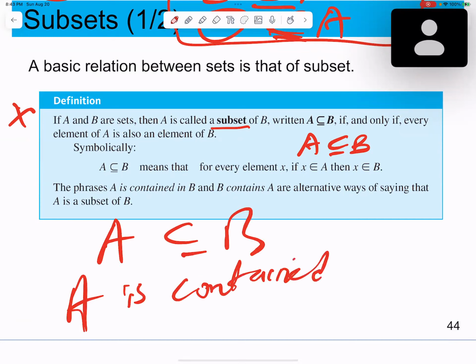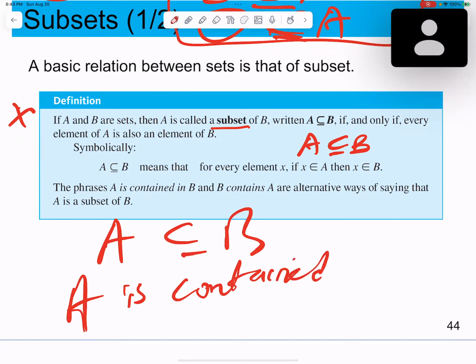I won't touch some of the slides. I'll just skip some of them. So I believe you can see them right here. Okay. And if you write this, it means that there is at least one element x that belongs to A and is not in B. You see that?